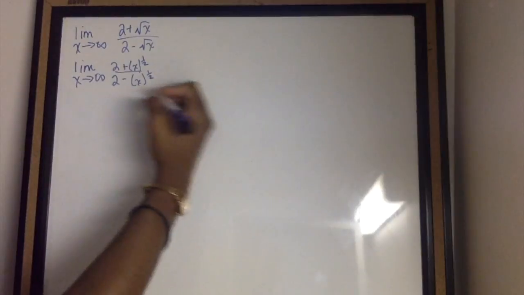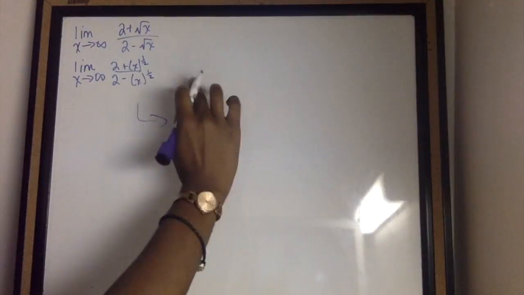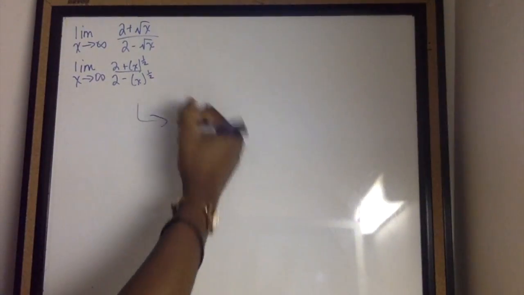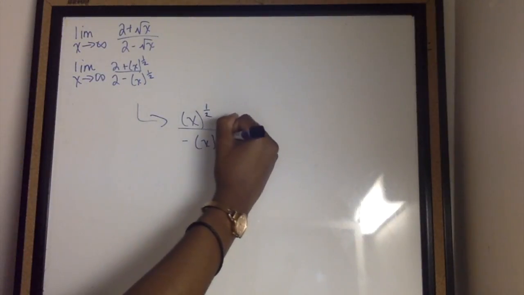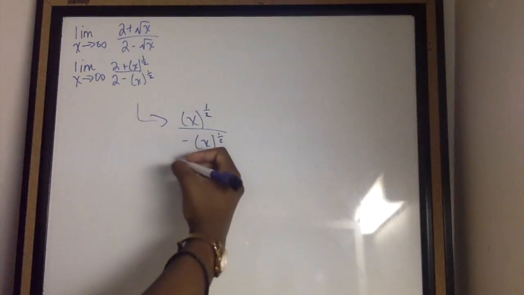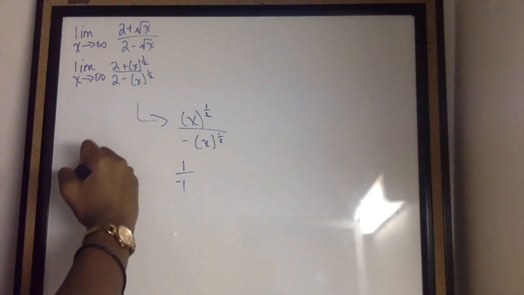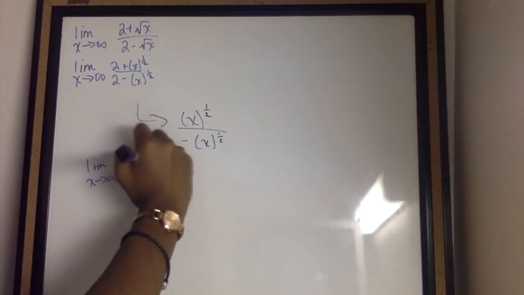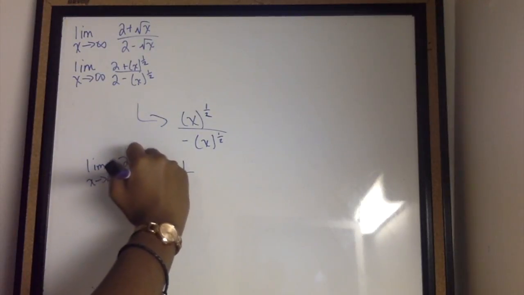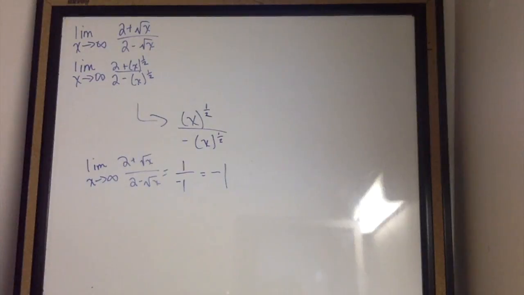Our x terms are x to the 1/2 over negative x to the 1/2, so the coefficients are 1 over negative 1. Therefore, the limit as x approaches infinity of 2 plus the square root of x over 2 minus the square root of x is equal to 1 over negative 1, which is negative 1.